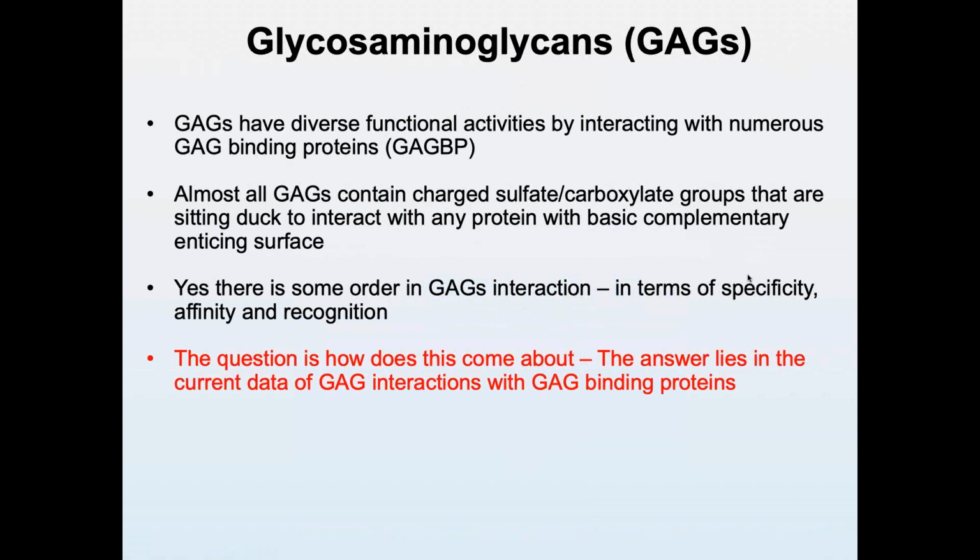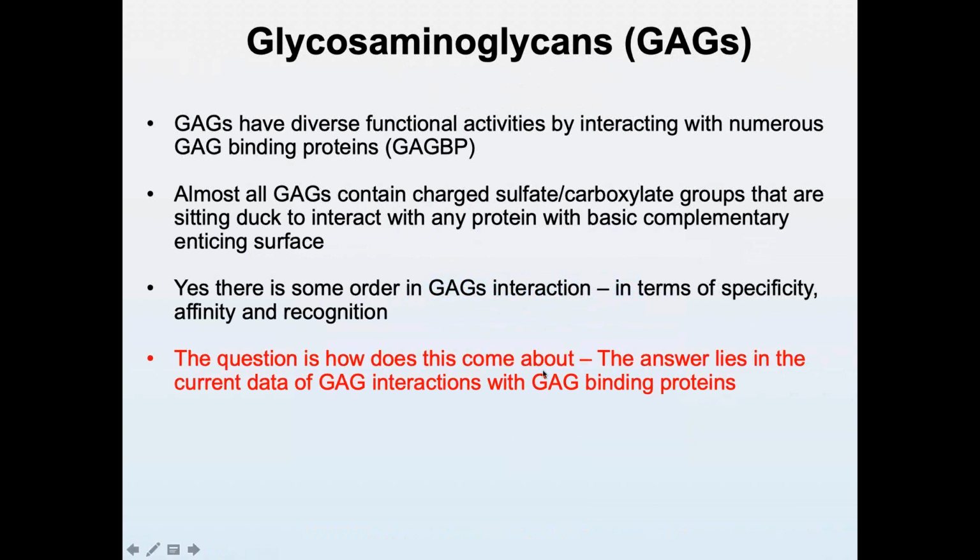Now, most of these GAGs have carboxylate or sulfate moieties that are poised to interact with many proteins that have basic residues, either in the active site or on the surface of the protein. However, this does not happen.